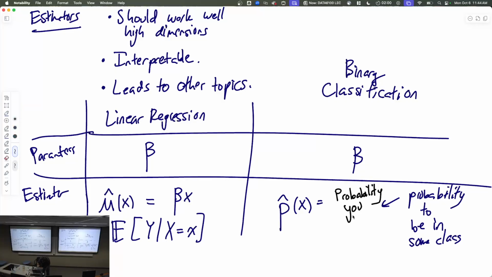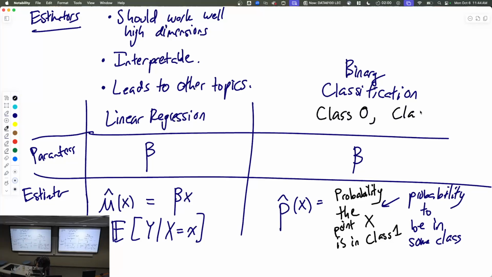Let's say the point x is in class 1. And I'll call the 2 classes class 0 and class 1.